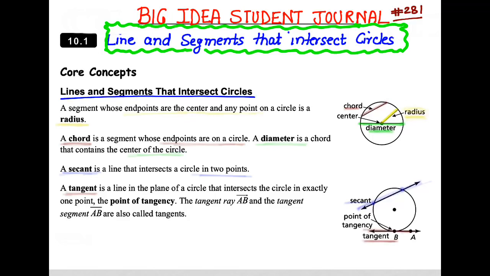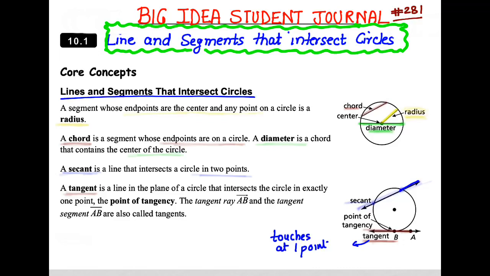Here is a tangent at point B. This line is a tangent because it's touching at 1 point. That's why it's a tangent. And the secant is like slicing, it's working like a knife.